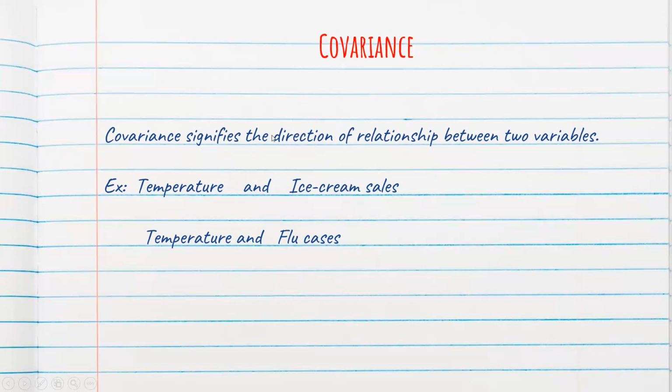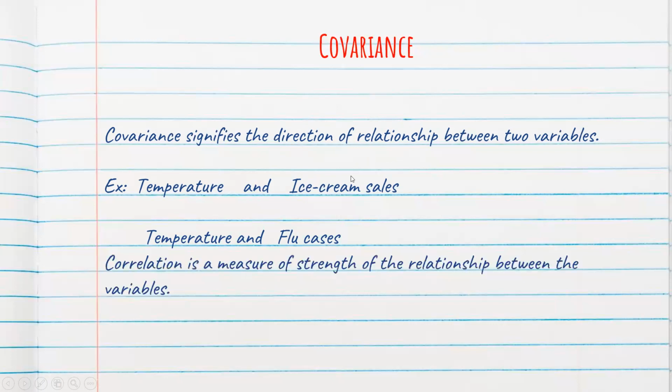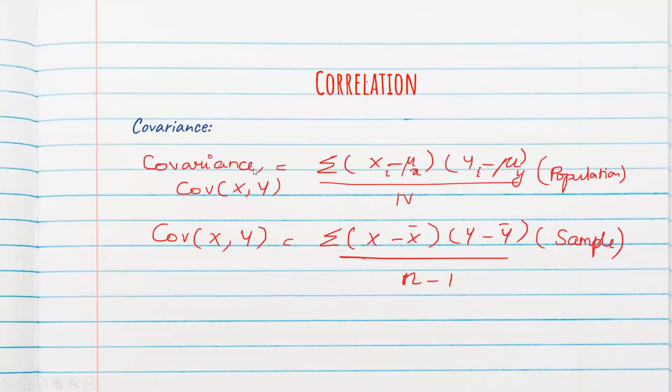So as I told you, covariance signifies the direction of relationship between two variables. So how can I measure that? Let us now try to do that. So covariance of x and y, where x is the independent variable and y is the dependent variable, is the summation of (xi minus mu x)(yi minus mu y) divided by n for population.